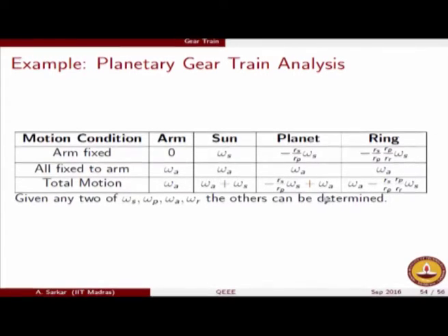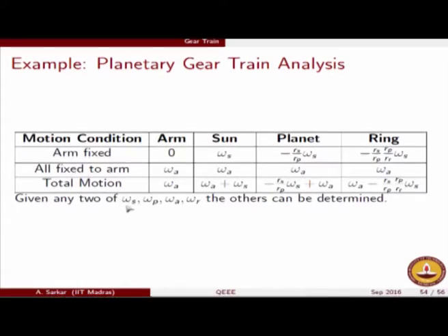So again we see that there are two unknowns, omega a and omega s, and if any two conditions are given to us, we should be able to determine omega a and omega s, because the total motion of all these four links is finally in terms of omega a and omega s.